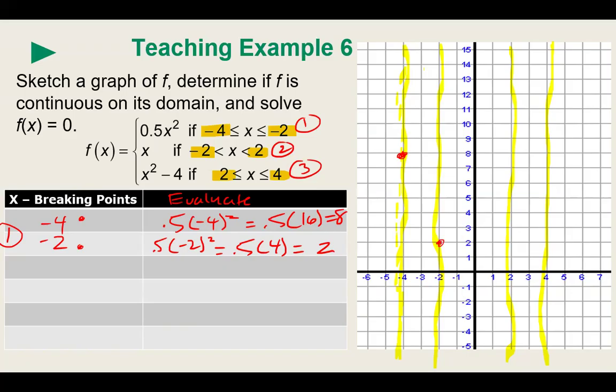And I'm going to connect those two pieces. Those two pieces are now connected. My first piece is now done. Then I'm going to repeat the same process again for the next piece. I should have 3 pieces because how many pieces are there in my piecewise? 3.